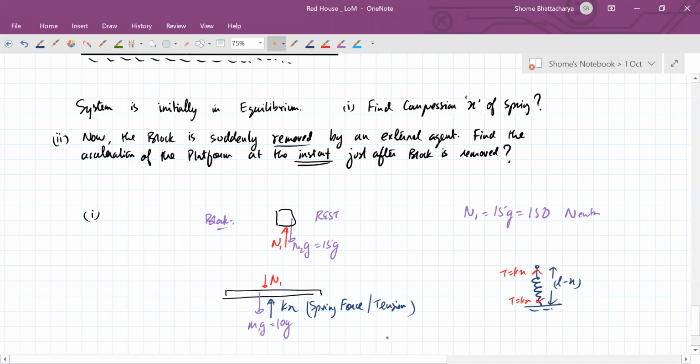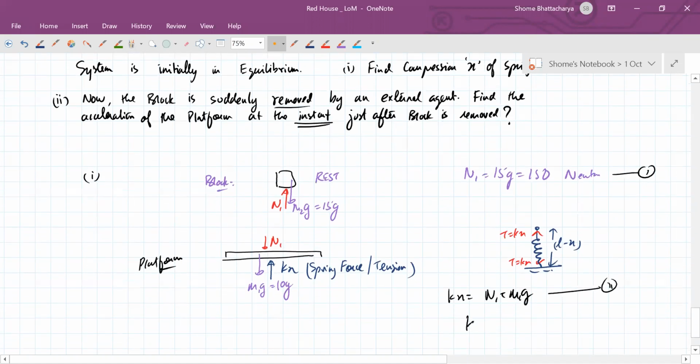From that you can see that for this we have the equation that Kx balances N1 plus M1g. Okay, so equation 1, equation 2. From that you can see that Kx is equal to 25g or 250 newtons.